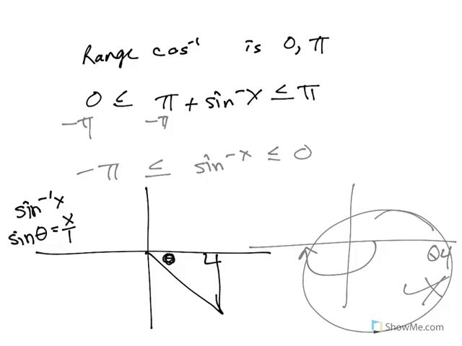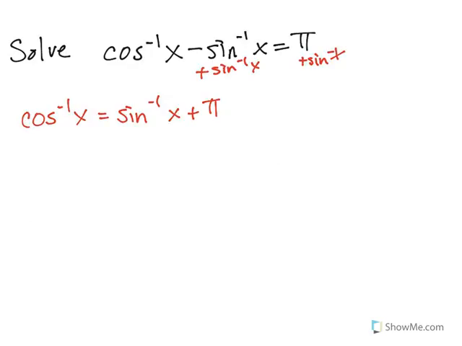So if our angle is here, this is our theta, then sine is opposite over hypotenuse. We can use the Pythagorean theorem to find our missing value, and that's going to be the square root of 1 minus x squared. That's important because we are ready to continue solving our problem.